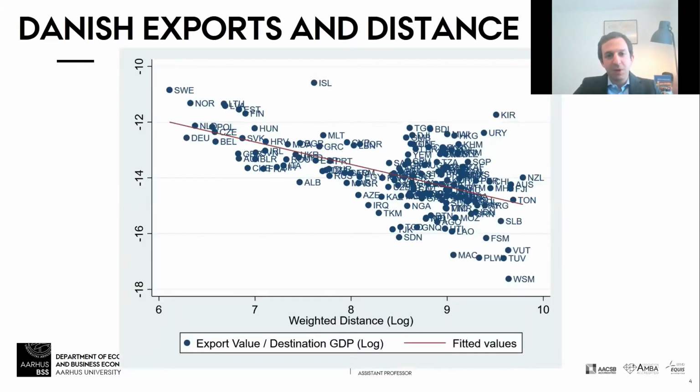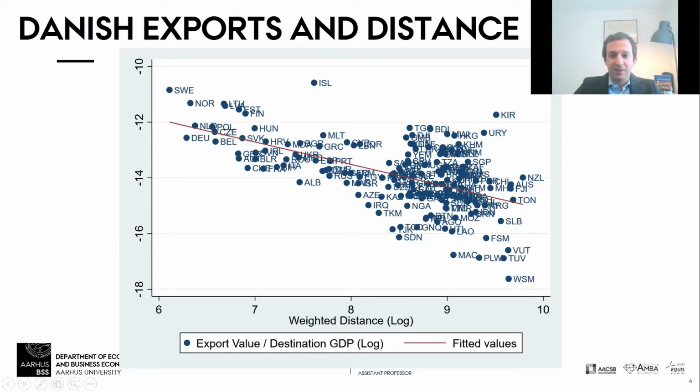And then we plot that against the distance. This is a weighted distance measure. You can see here the closest countries to Denmark are Sweden, Norway, Germany, the Netherlands, Poland, and so on.